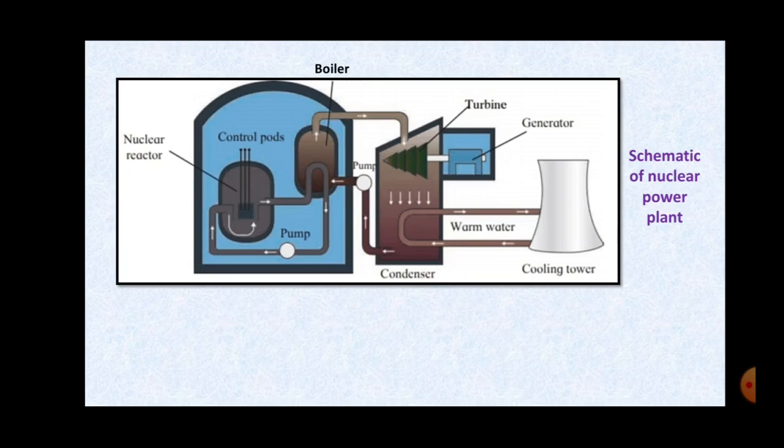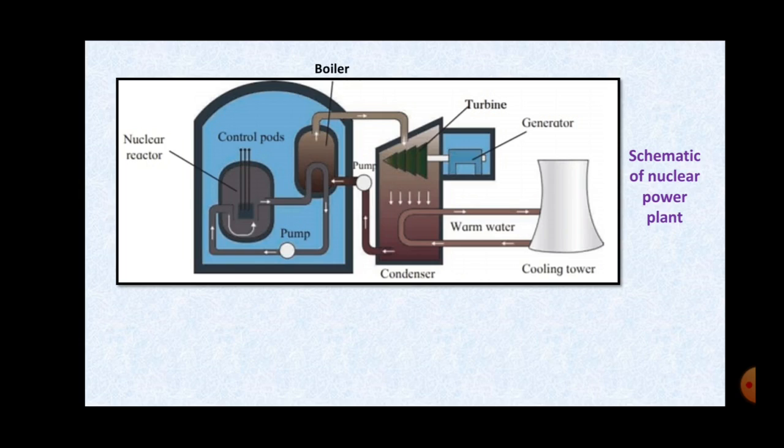So this is how the electrical energy is generated in the nuclear power plant. Now, as we had seen, in this nuclear power plant, fossil fuel like coal is not used, right? So there is no question of air pollution.